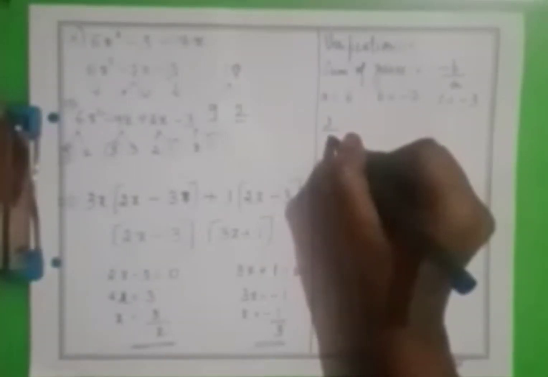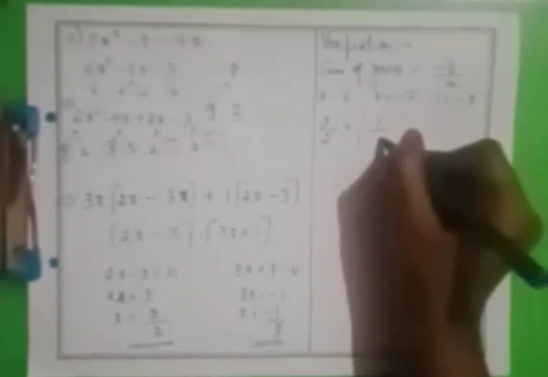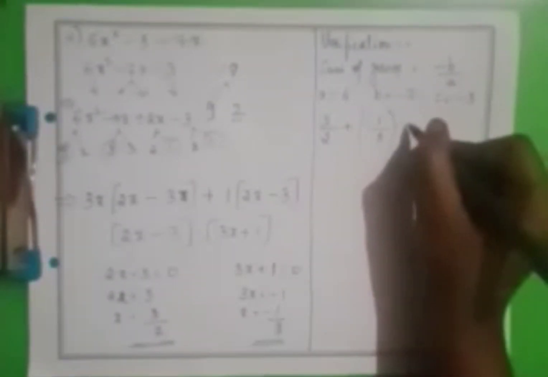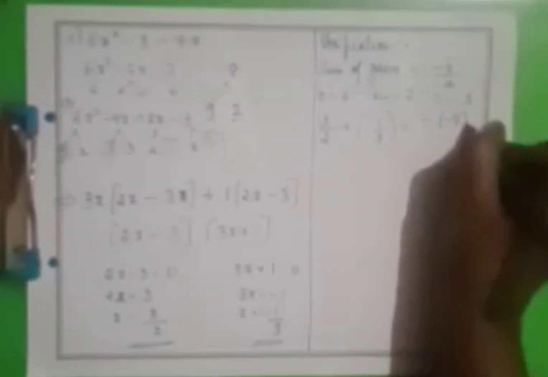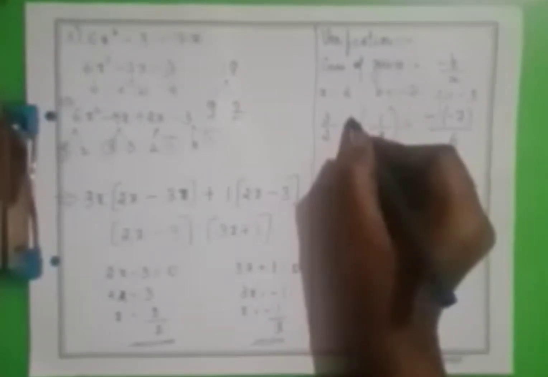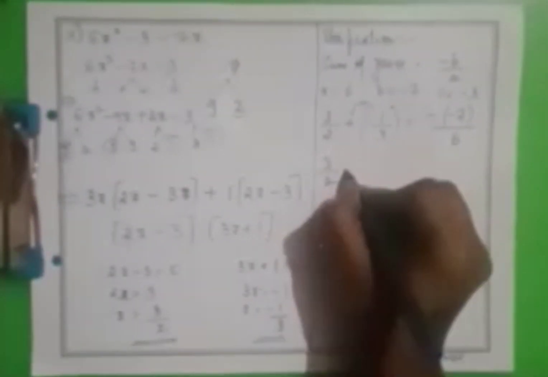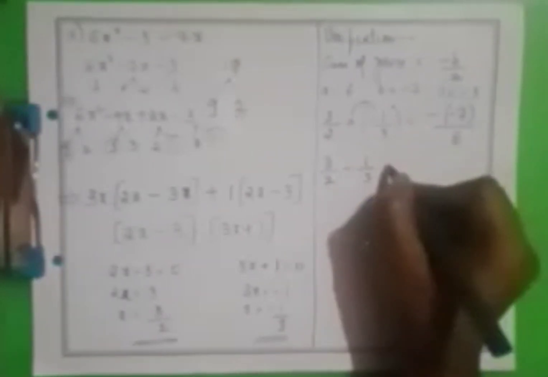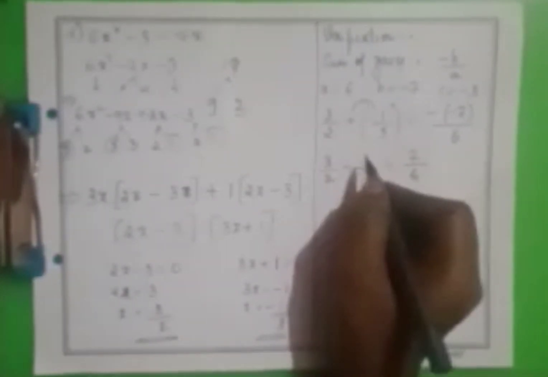Now the sum, 3 by 2 plus of minus 1 by 3, should be equal to minus of minus 7 by 6. Now plus into minus is minus, so 3 by 2 minus 1 by 3 should be equal to 7 by 6. Now since the denominators are different, we cannot directly subtract the numerators.